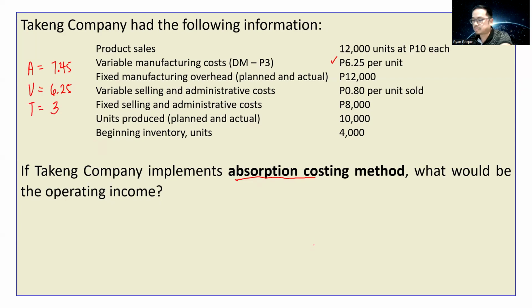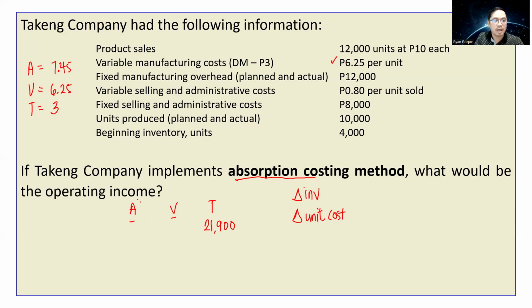Okay? So remember, under absorption and variable, or even in throughput costing method, the only difference in the profit lies on the difference in the inventory and difference in the unit cost. And the difference in the unit cost, if we are comparing absorption and variable, is actually the FOH per unit. But in our computation in the previous slide, we were able to determine that the income under throughput costing method is 21,900.